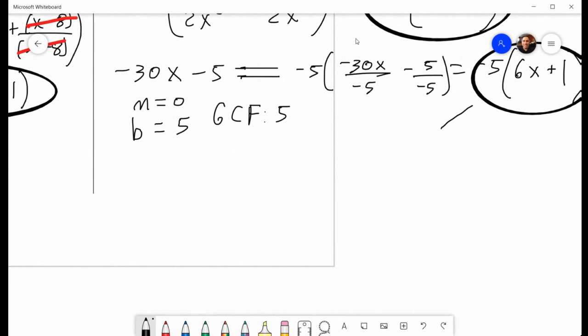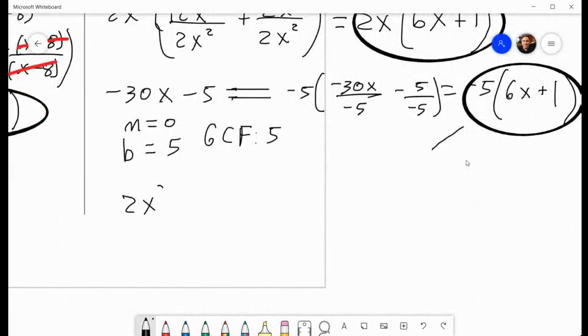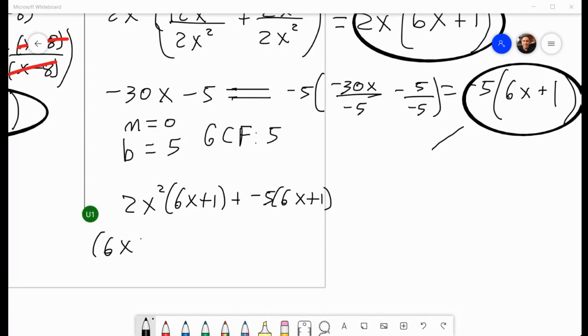Altogether, our answer is going to be 2x squared times 6x plus 1 plus negative 5 times 6x plus 1. These problems are too long. And then you just take out the 6x plus 1 and we get this.